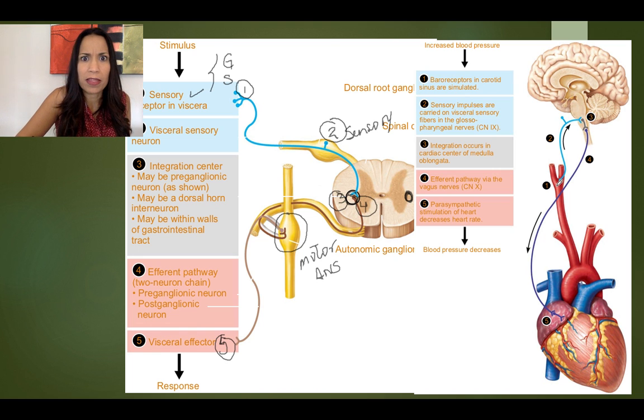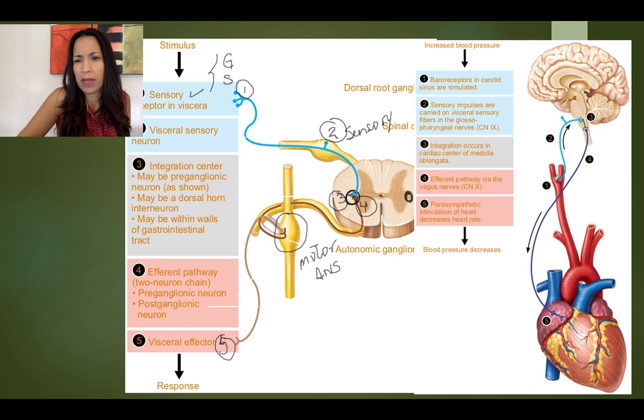So it's detected by these baroreceptors. This information is sent to the dorsal root ganglia, and from there it reaches the brainstem. I'm not going to tell you where. There in the central nervous system, it synapses with another interneuron or directly with the motor neuron of the autonomic nervous system.